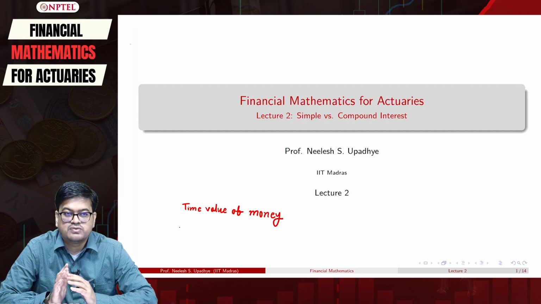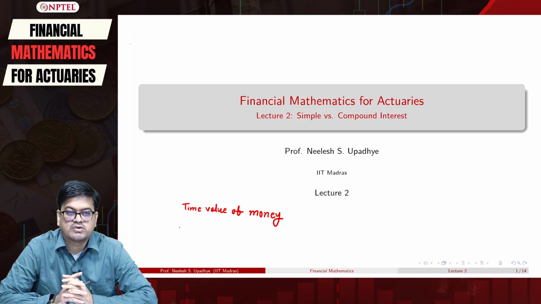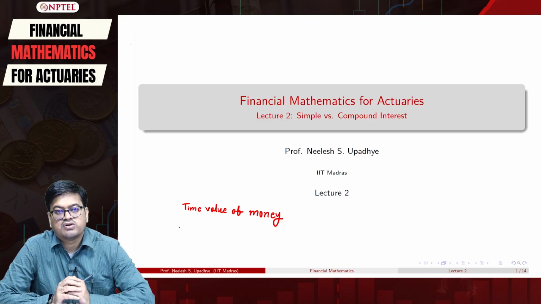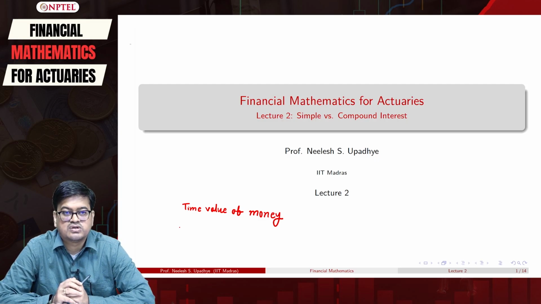So whenever you are talking about money, you should look at in what time frame you are talking about money, and that will decide the amount or the value of the money that you are talking about. For example, 100 rupees today cannot be the same as 100 rupees 1 year later, right?